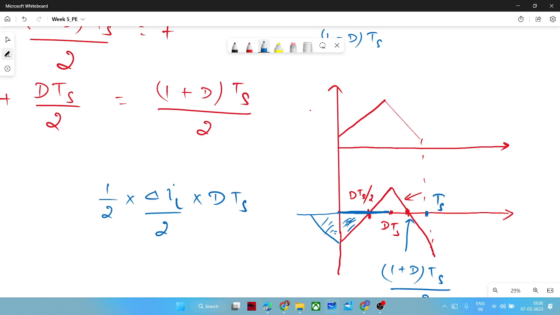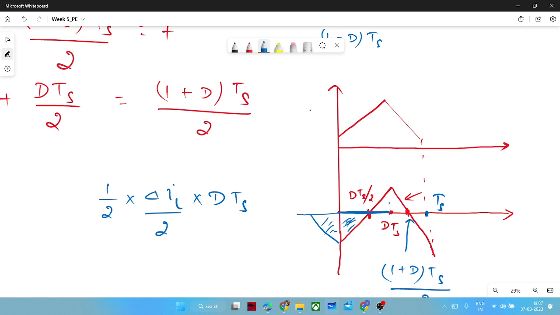I have said DTS. In DTS, it is charging and discharging as well. But we need to know the total charge stored during either charging or discharging. When you are saying DTS, you are combining both discharging and charging.